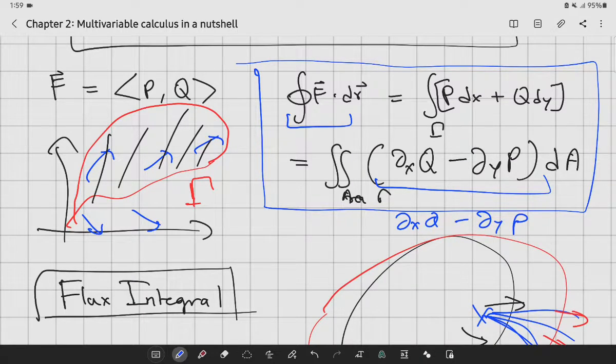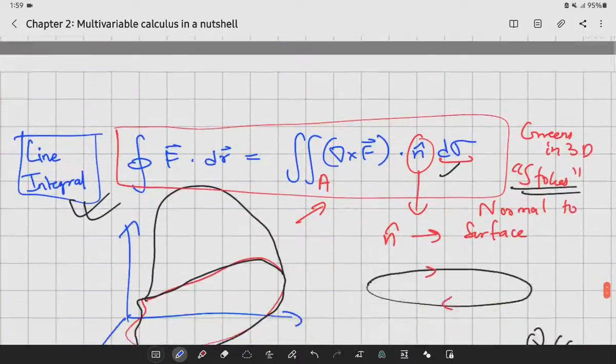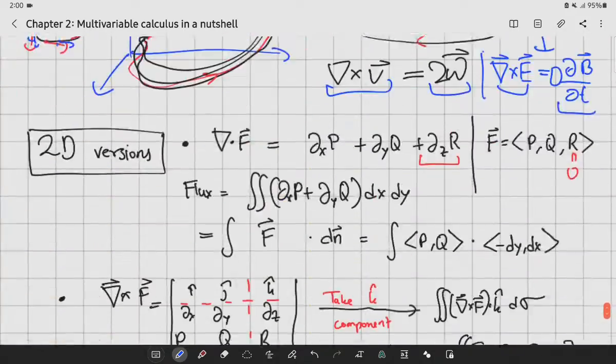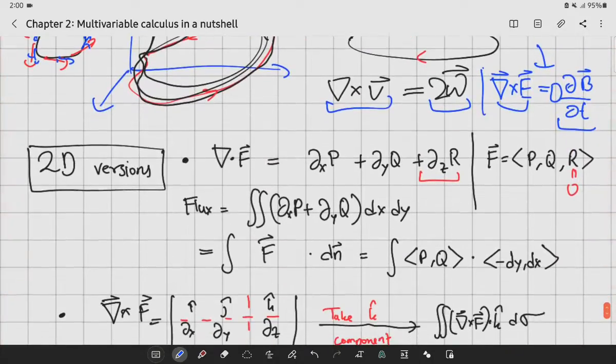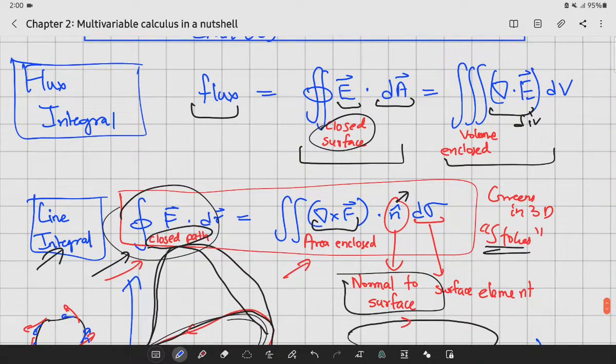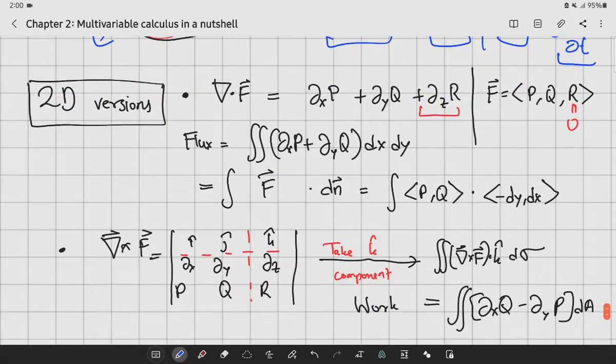Now you might wonder, why did I choose this quantity specifically? Why is this combination really specific to this theorem? Well, the answer is that it comes from the 3D versions of this theorem. If you look at the 3D version statement for the line integral, let me just rewrite this.